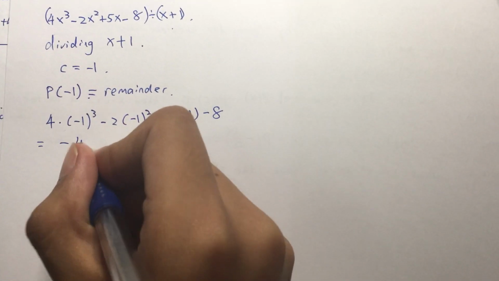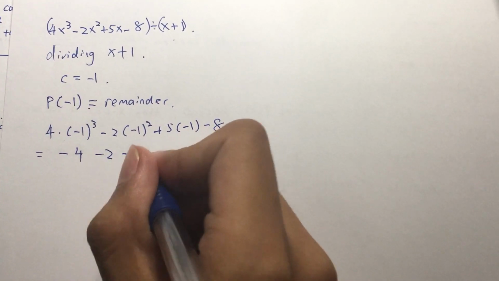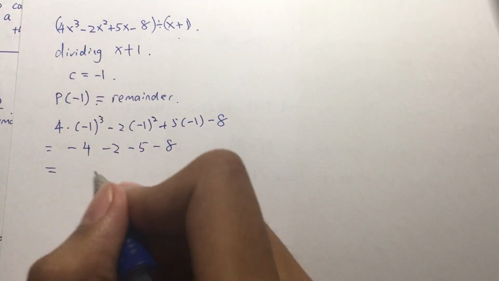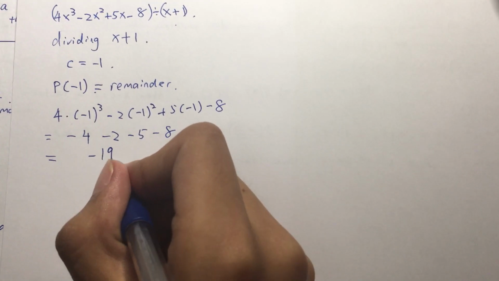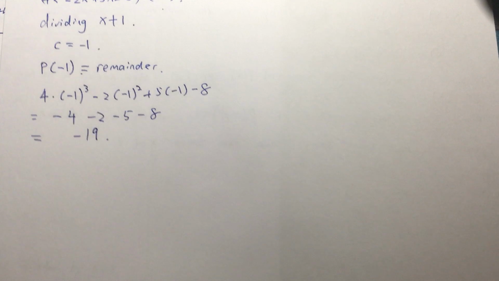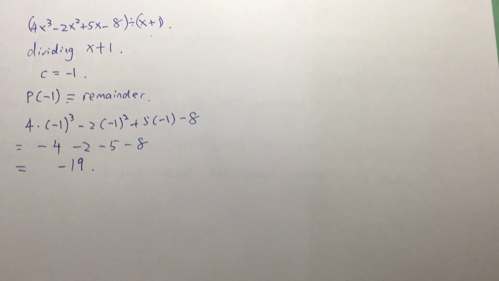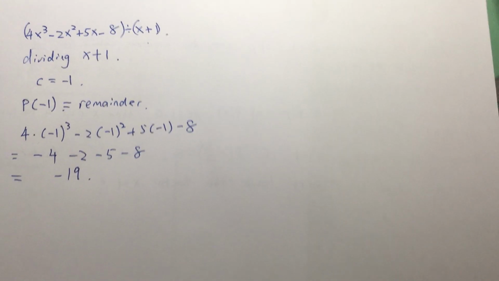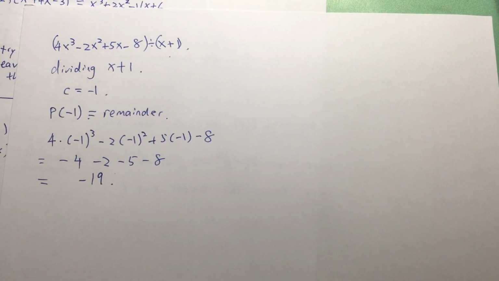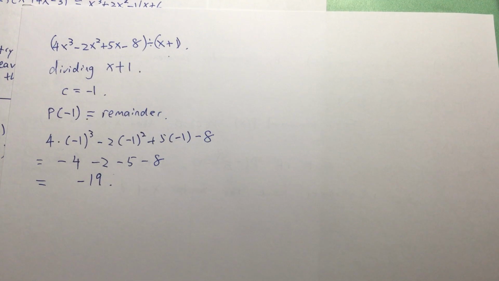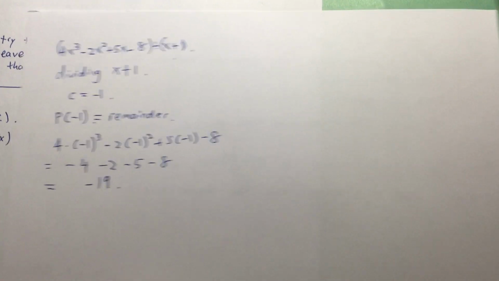This is negative 4 minus 2 minus 5 minus 8, which is equal to negative 19. Yes. And you can check this by doing the long division. Okay, so that is the remainder theorem, and let's move on to the factor theorem.